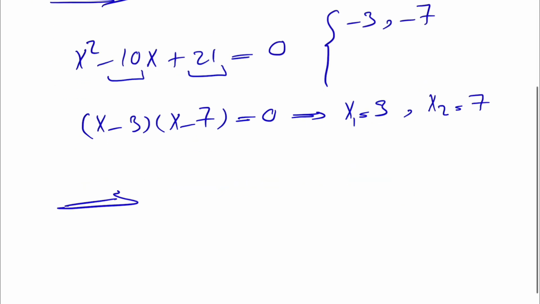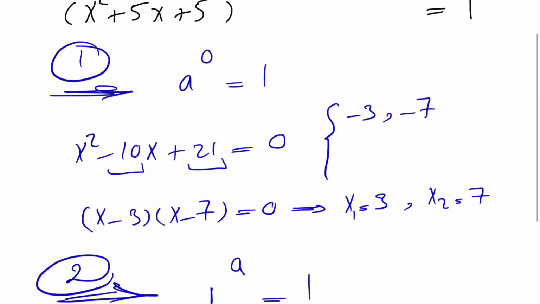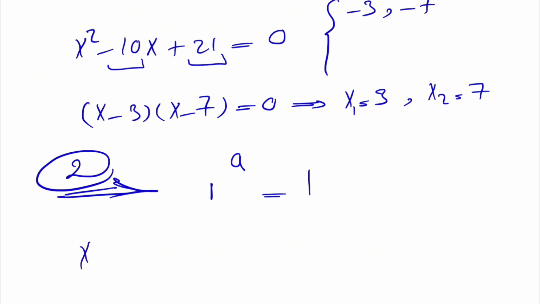The second condition is that we also know that when we have 1 to the power of a, this will be 1 too. So that means our base, which was x squared plus 5x plus 5, is equal to 1.